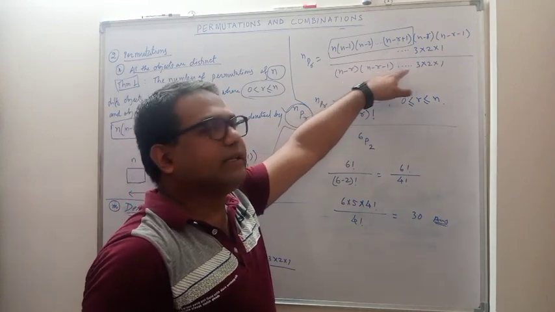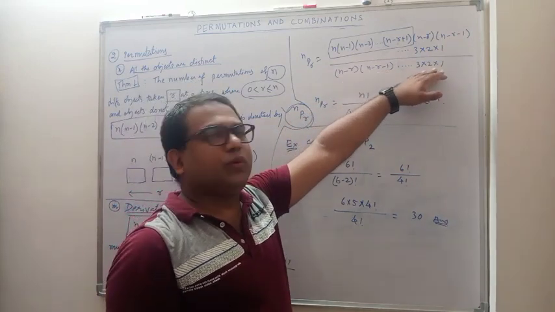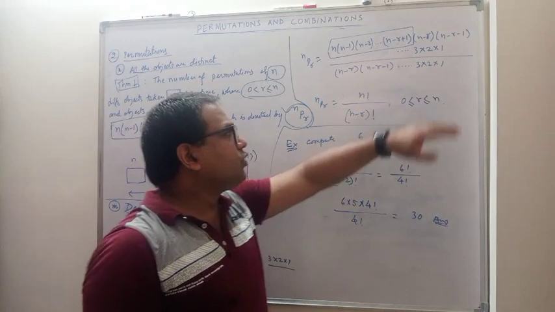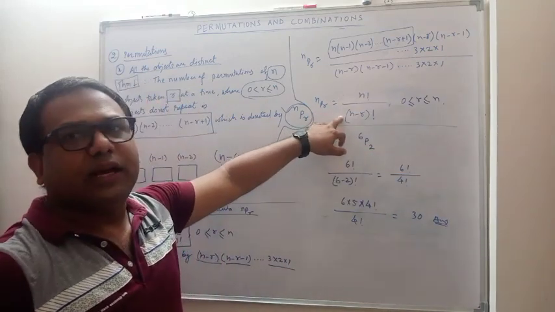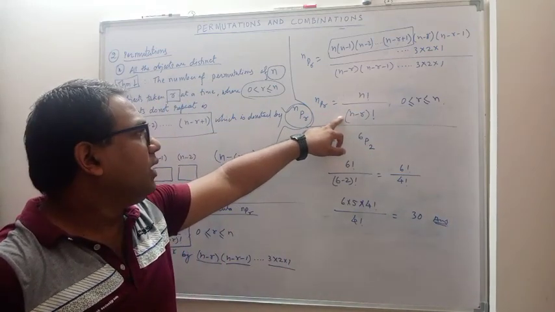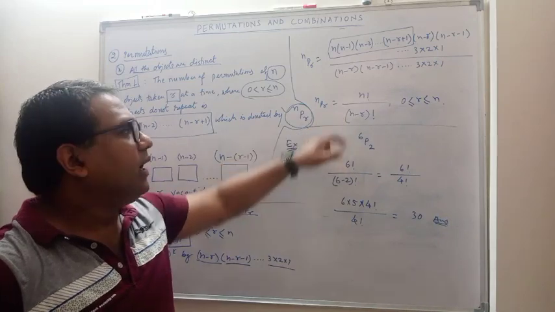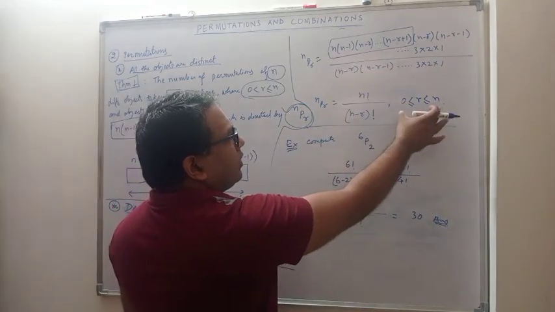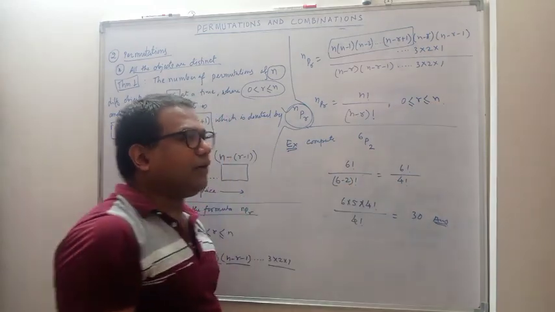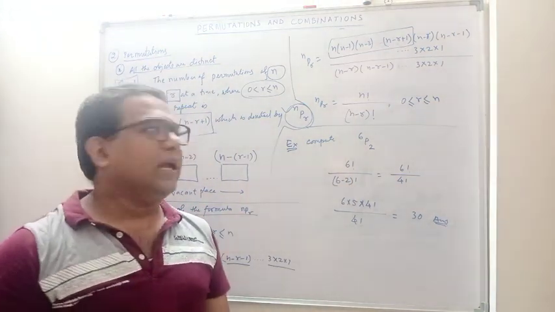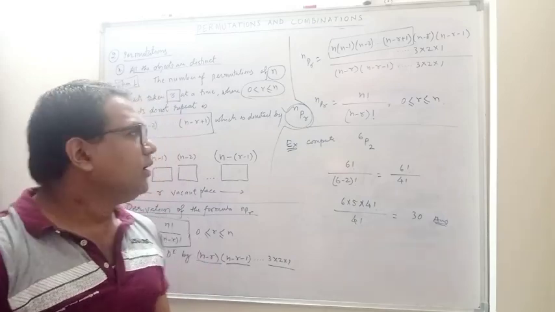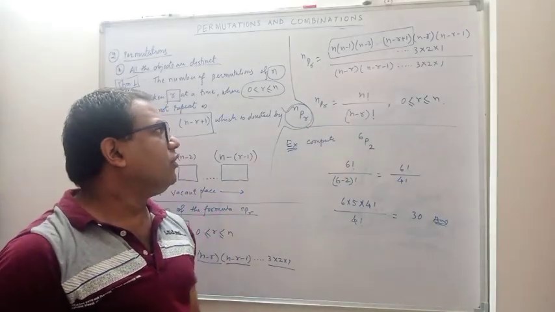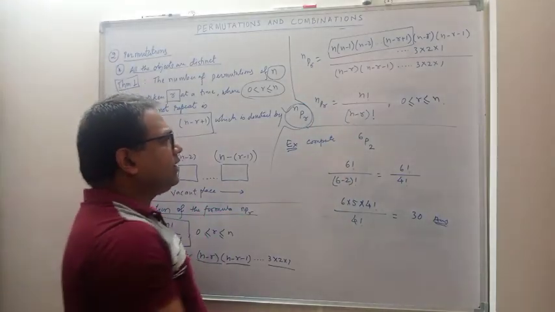It is decreasing up to 3 into 2 into 1. So now it will become n minus r factorial, and r can be any natural number from 0 to n, so that we get the value. So it is very easy.